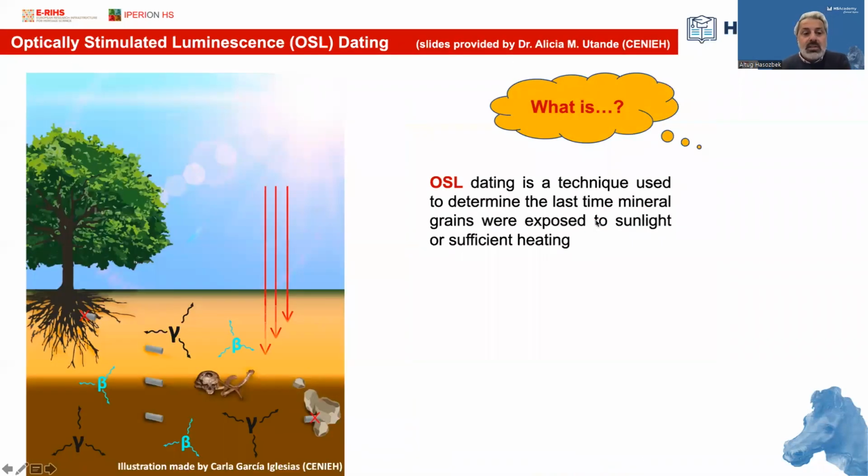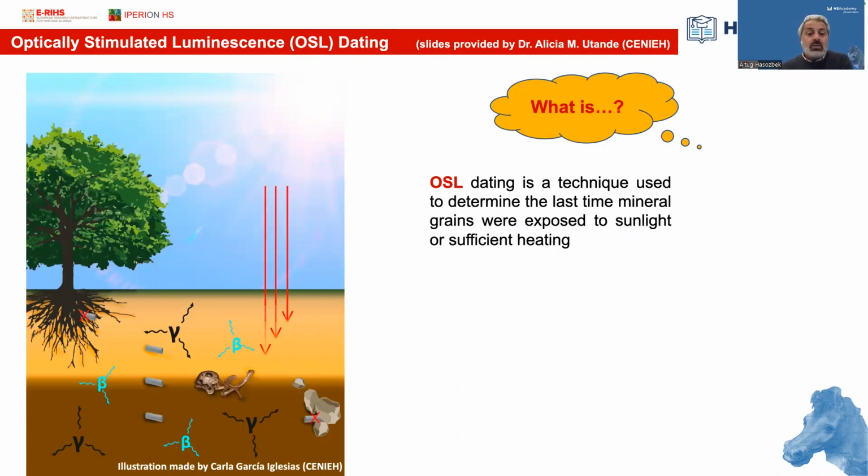So let's move on to the other technique, which is OSL, Optically Stimulated Luminescence. The coming slides are provided by Dr. Alicia Utande, a researcher at CENIEH working on OSL. She kindly provided me this information.